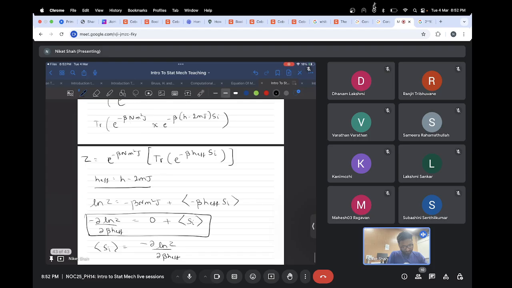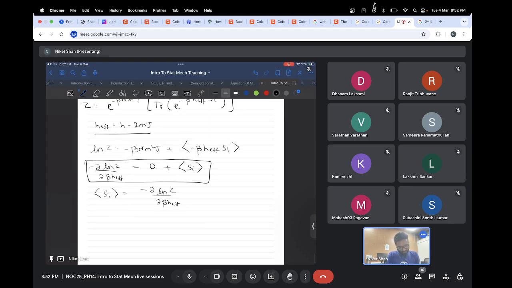Now let's evaluate the trace. Trace of e raised to power minus beta h effective si is equal to sum over si.